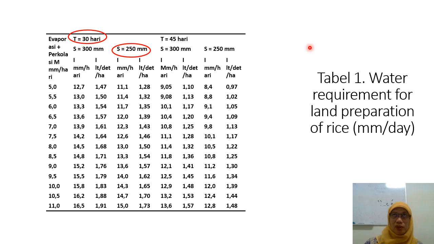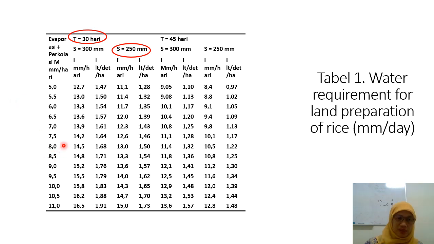Next, we see that the evapotranspiration in November is 4.9, and the percolation is 3. So the evapotranspiration plus percolation is 4.9 plus 3.